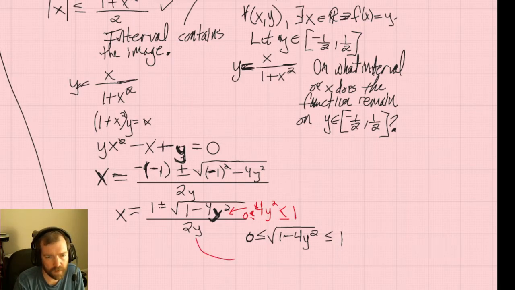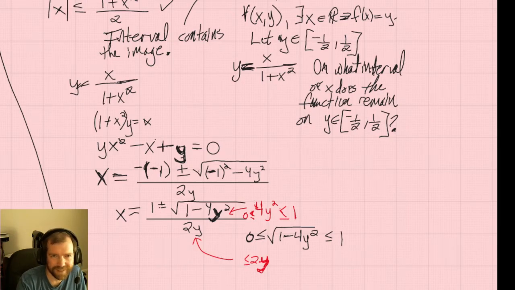So now 2y will be between, well, okay. Right, it can't be 0.